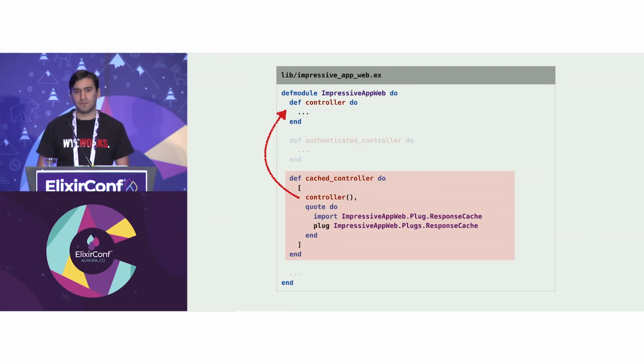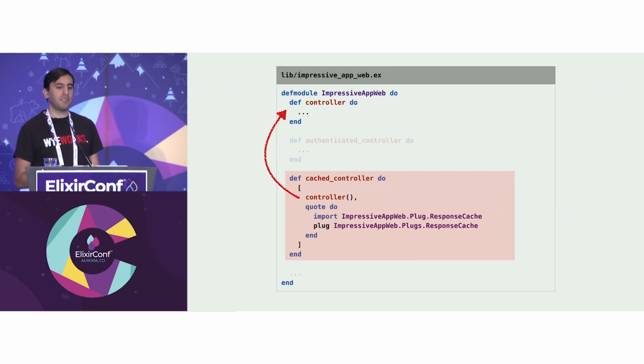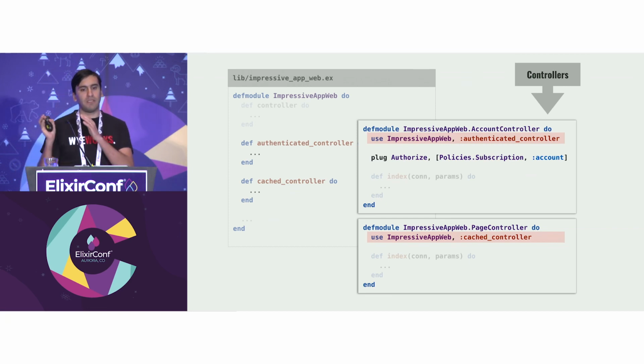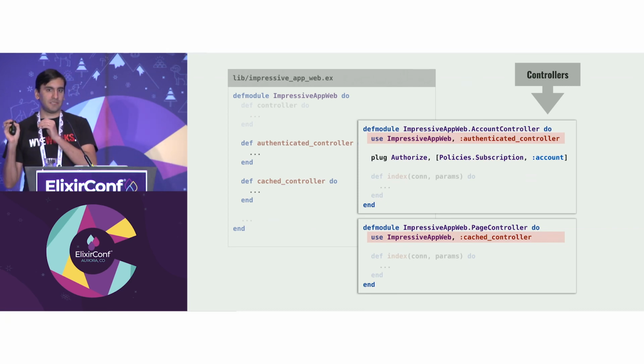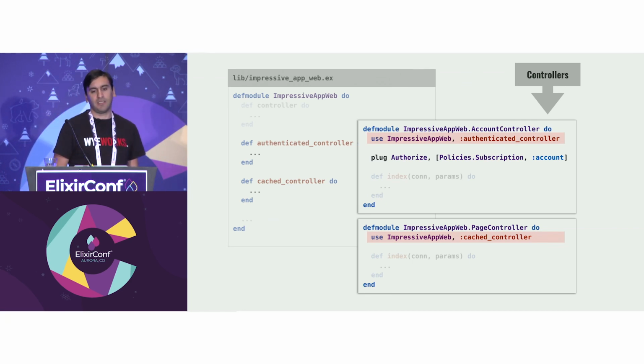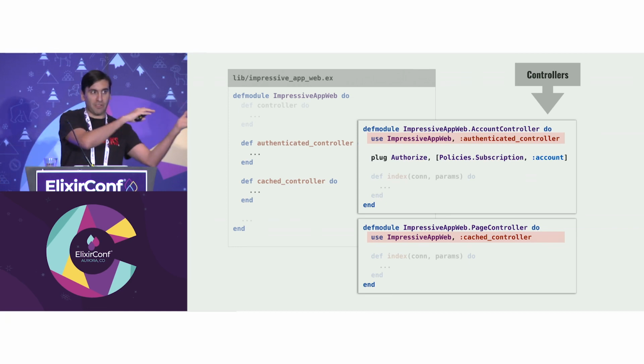Of course, you have to understand a little bit of the metaprogramming part. And then it's just a matter of using this web interface module by passing the most appropriate atom. So you will end up executing during the compilation phase. I didn't say that, but the injection of the code happens at compilation time, right?